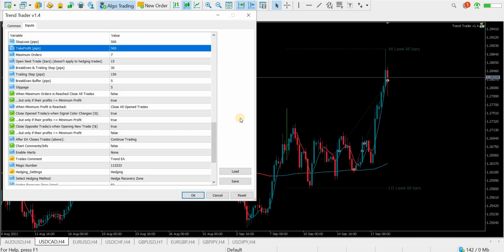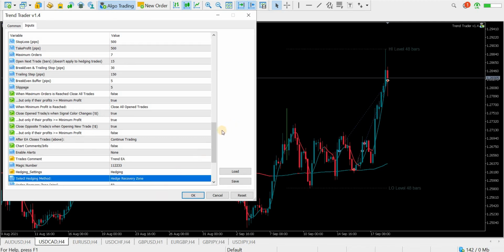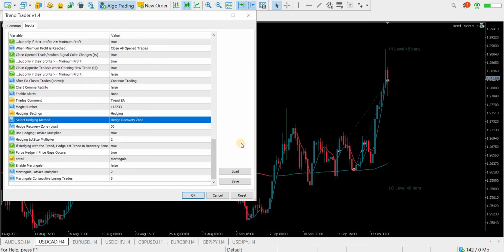These are some settings sent by another client of ours who was complaining about the expert advisor not opening, not closing the hedging basket.